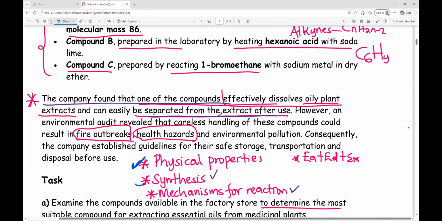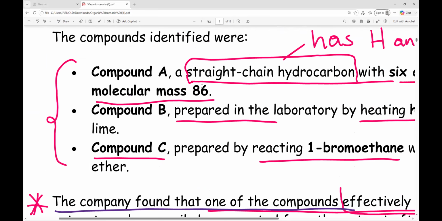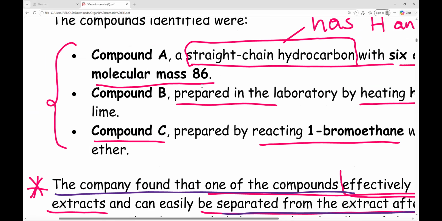Why? For A, they have just told us that compound A is a straight chain hydrocarbon. That is what the item has stressed. So meaning that we simply know that it is a hydrocarbon.